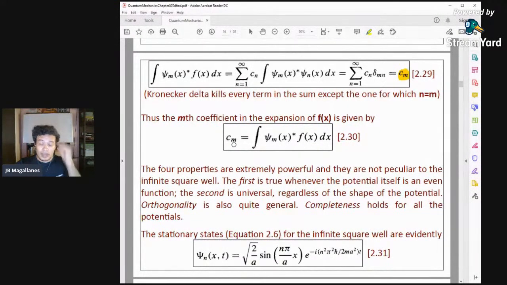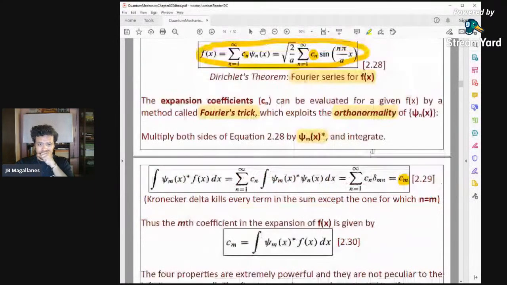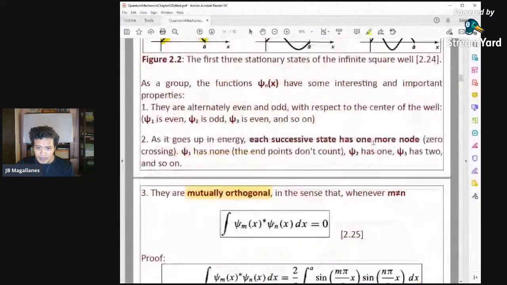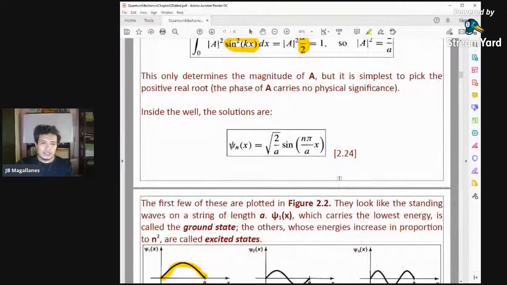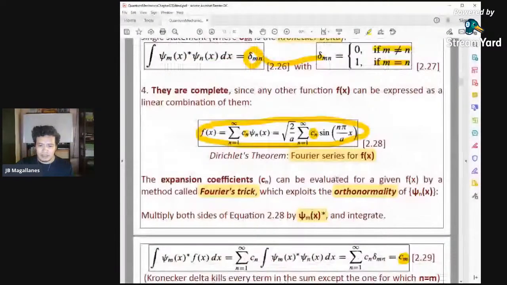You just put c5 equals the integral of phi 5 x f of x dx, and your phi 5 will just be phi 5 of x equals square root of 2 over a times sine of 5 pi over a times x. So that's how it's done.